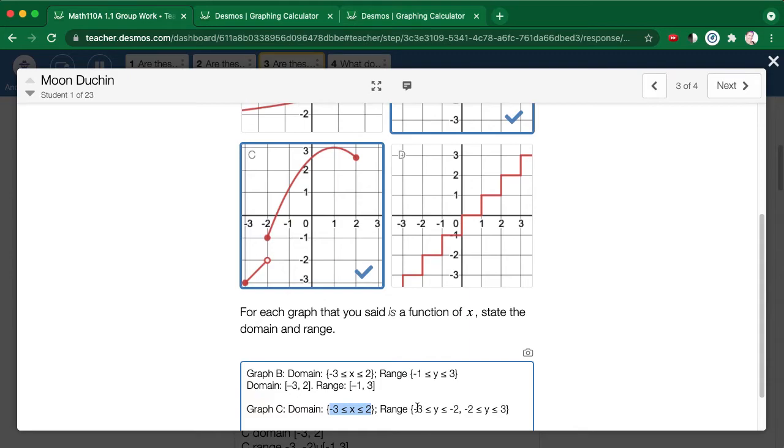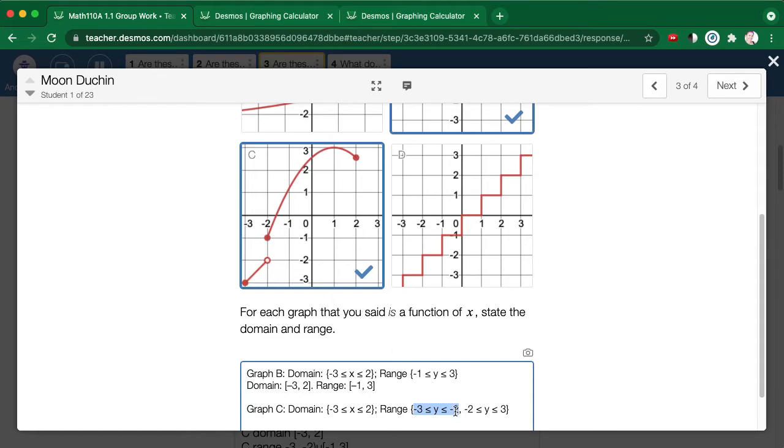The range, it says the y values should be between -3 and -2, including -2, and the y value should be from -2 to 3, including -2. I see y values from -3 to -2 here.